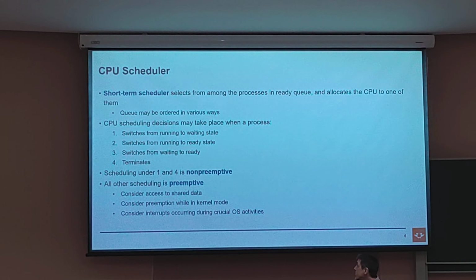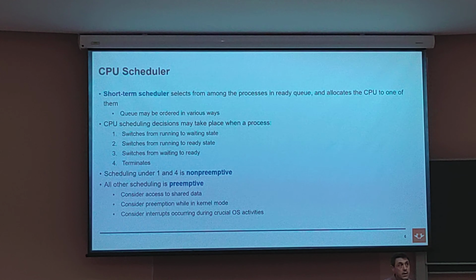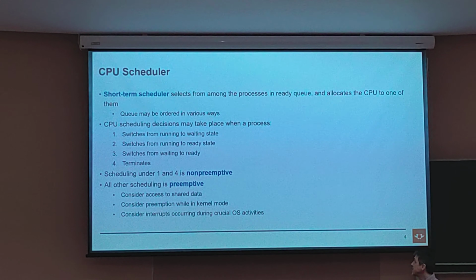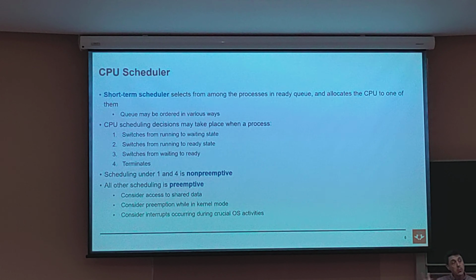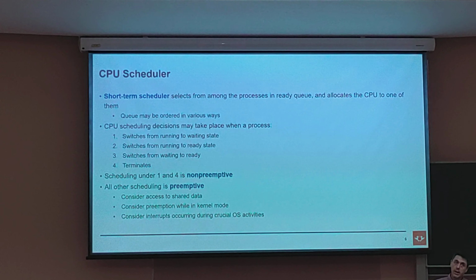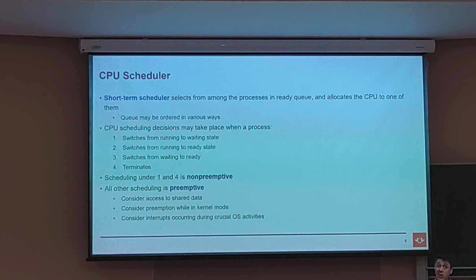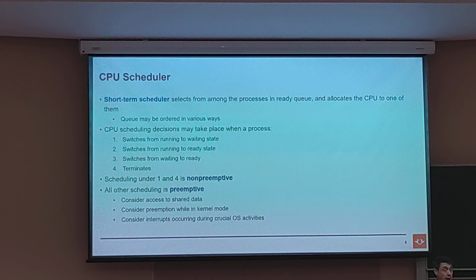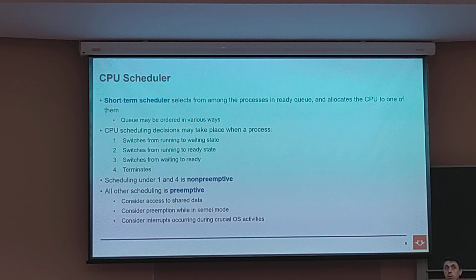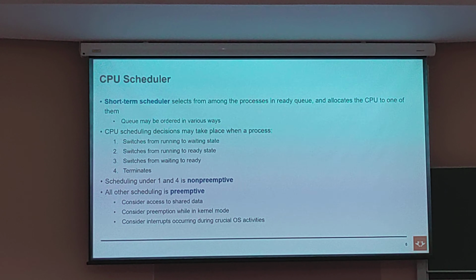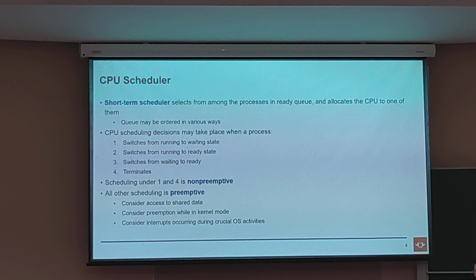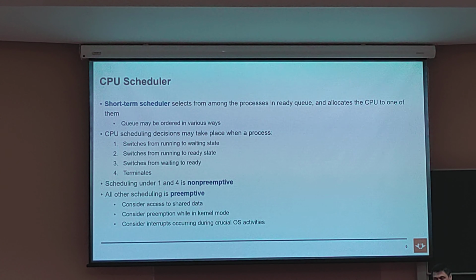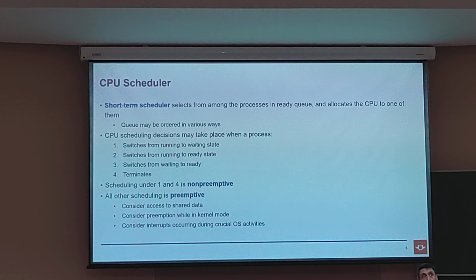Next one, when it switches from a running to a ready state. That basically means after the time quanta has expired, you were actively running, but you are now interrupted. You've used up more than enough time. Someone else is there. That's when we switch you away. Another one is when it switches from waiting to ready. You can't go from waiting directly into running.